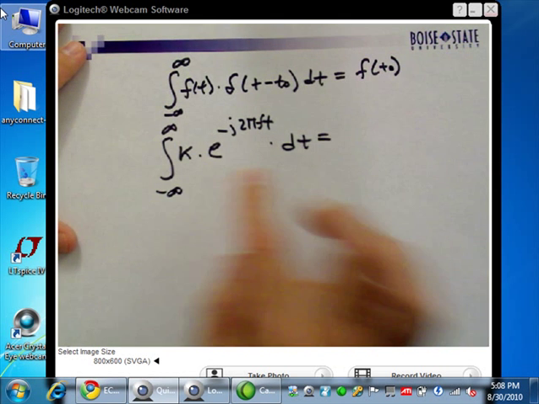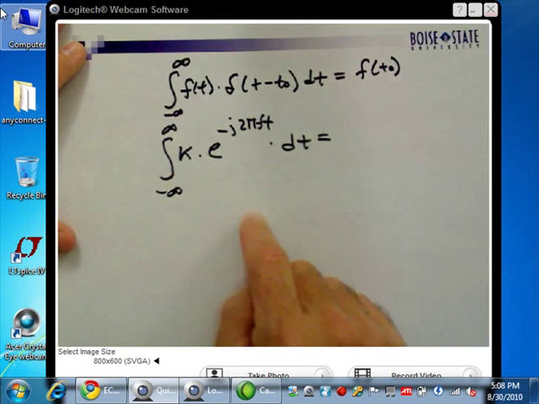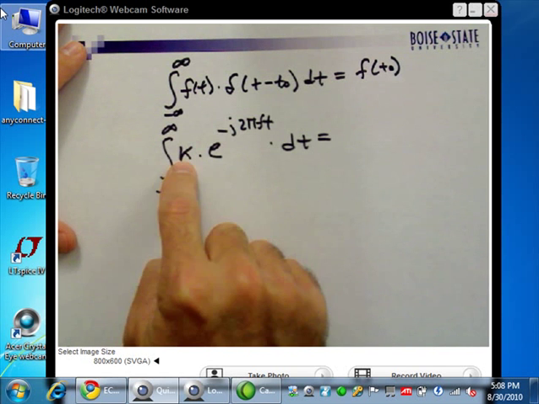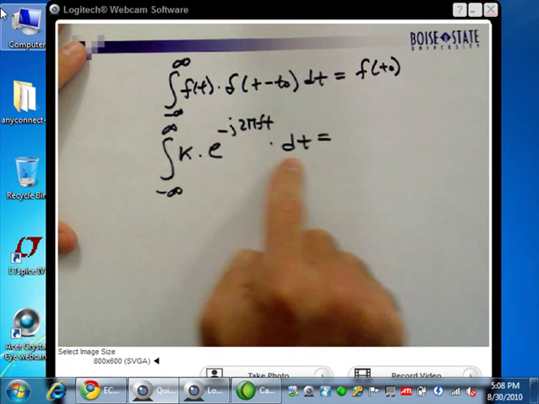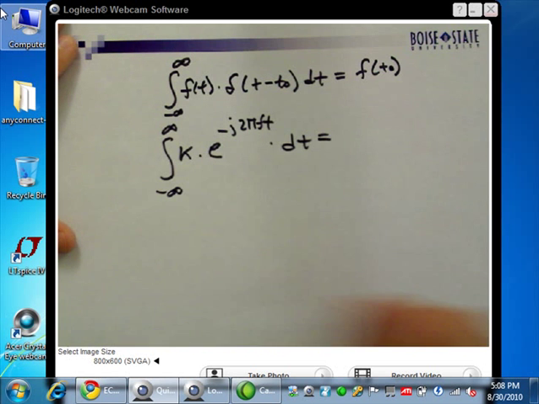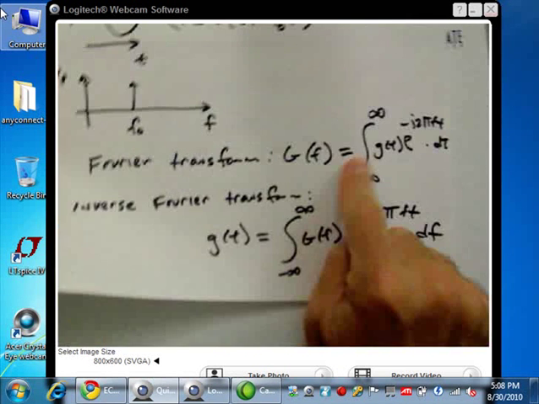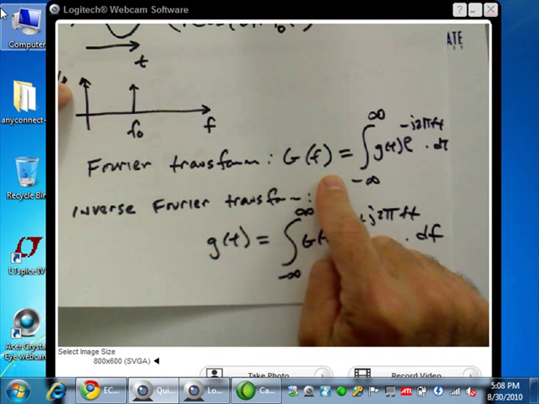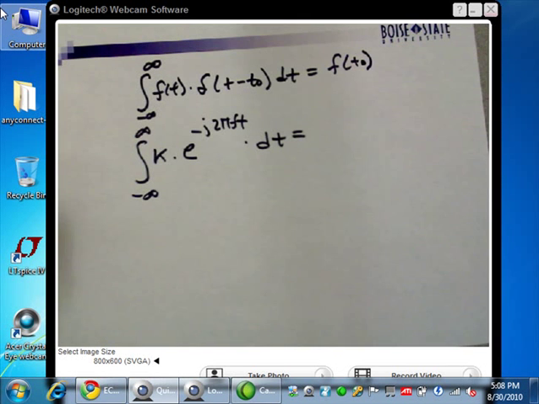Well, first off, what have I just done there? What is the integral of something times e to the minus j2 pi f t dt? What is that? No, I mean, what is that called? That's called the Fourier transform, right? So intuitively, the Fourier transform tells me the spectrum of a signal.